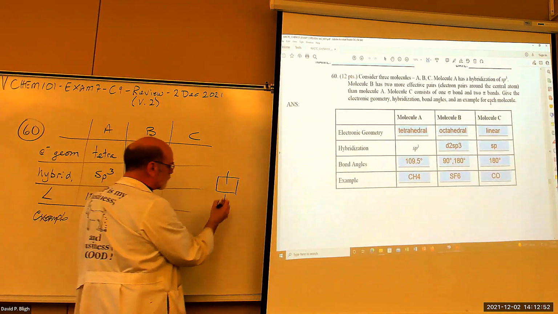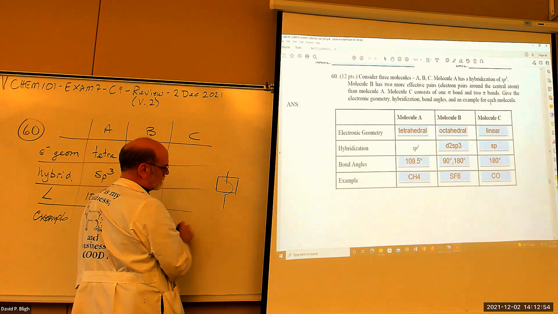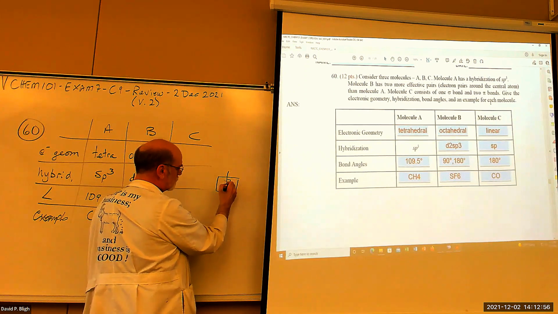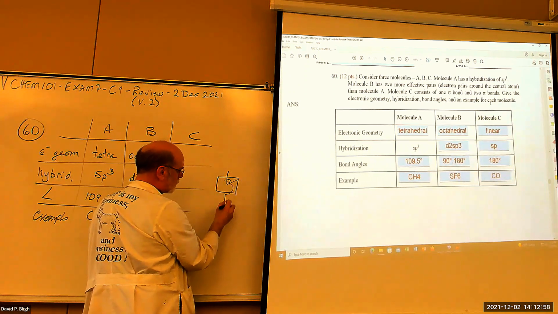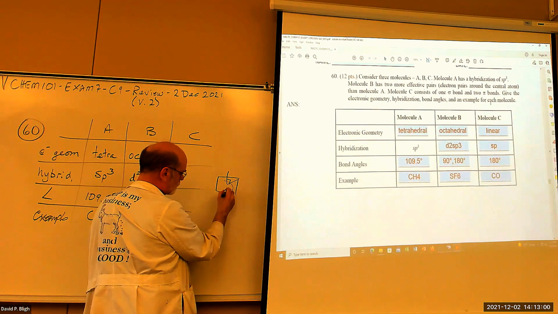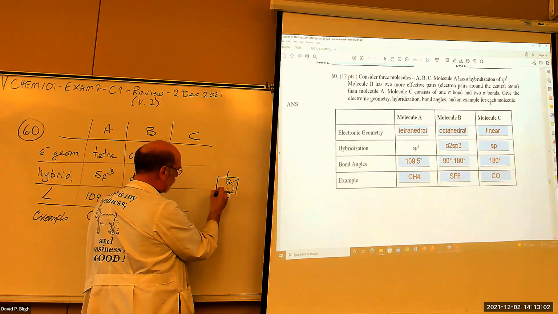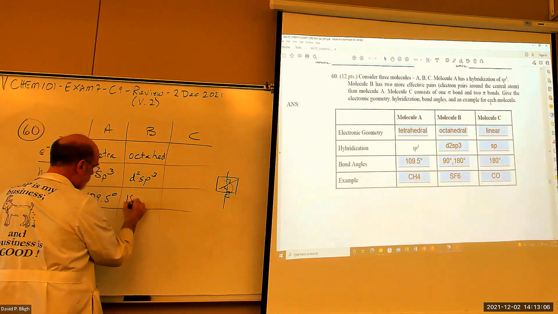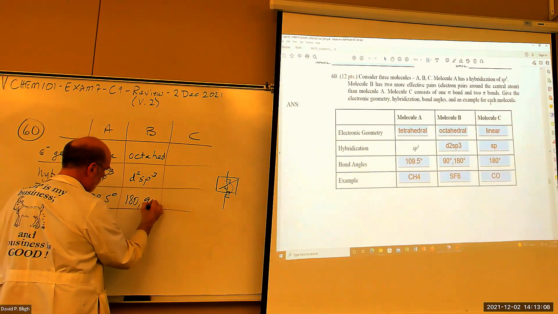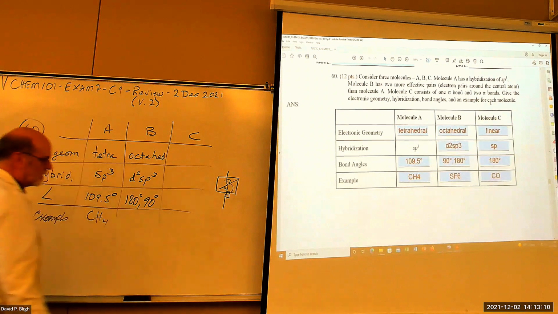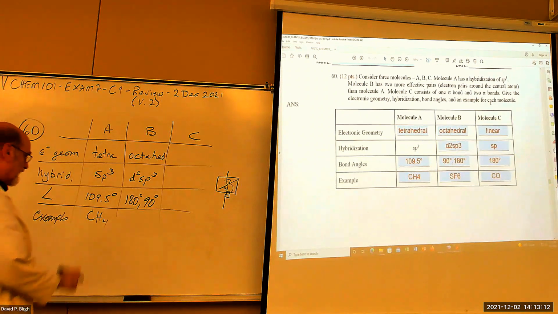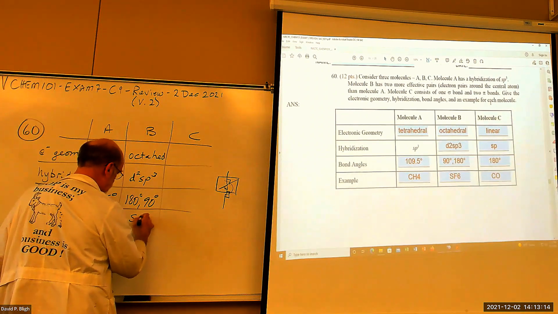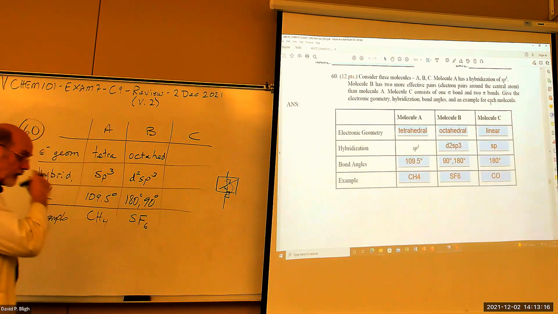The bond angles could be 180, or they could be 90 degrees, or it could be 90 degrees over here. Everywhere else is 90 degrees. So the possible bond angles here are 180 and 90. And my example for that is sulfur hexafluoride.